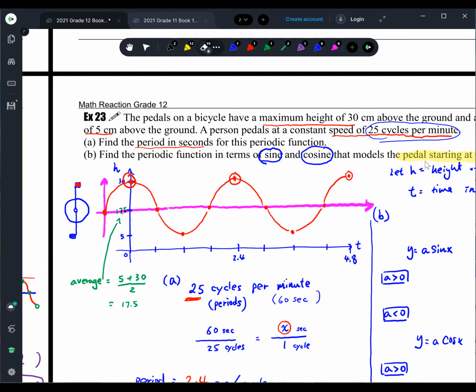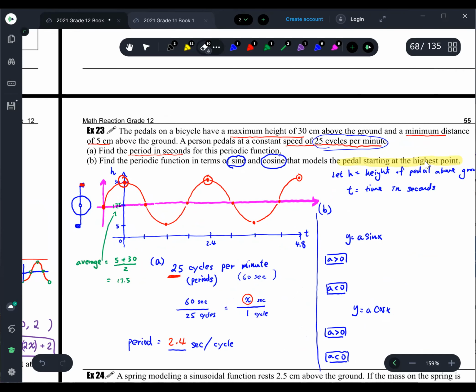The only difference is that A could be positive or negative, and the value of C will be in a different place. Let's check the amplitude. By now you should have the amplitude as well.